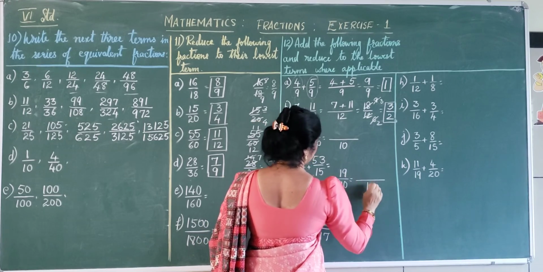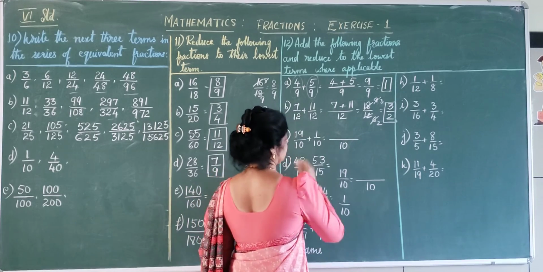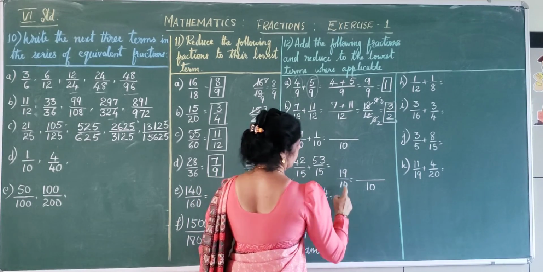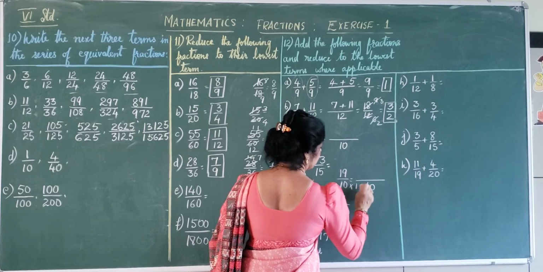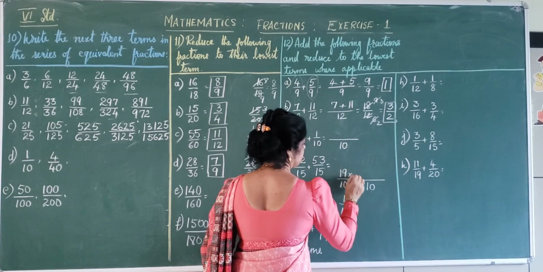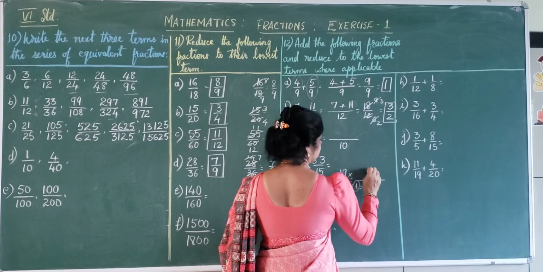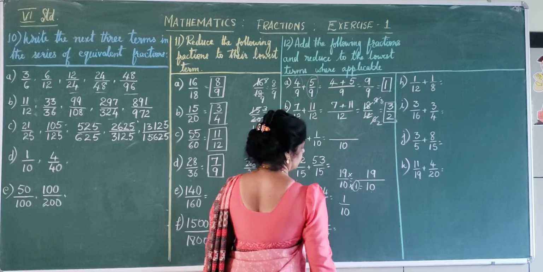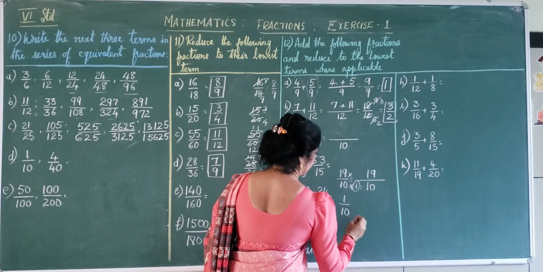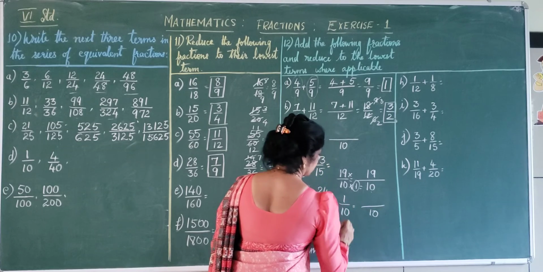Denominator is 10 only because both are called like terms. So both are the same, so you are writing 10 only. 10 into 1 is equal to 10. Now this middle factor into the numerator 19, 1 19s are 19.